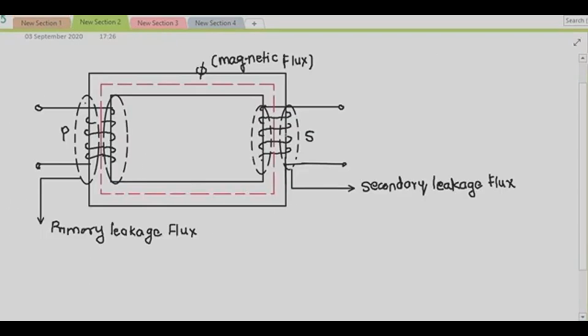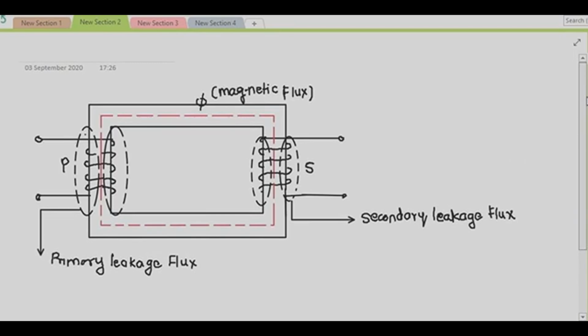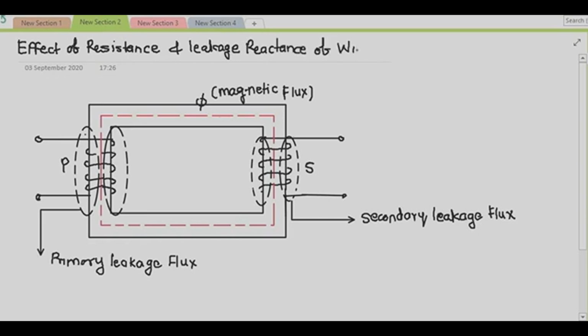Now, let us see the effect of the resistance and leakage reactance of windings.